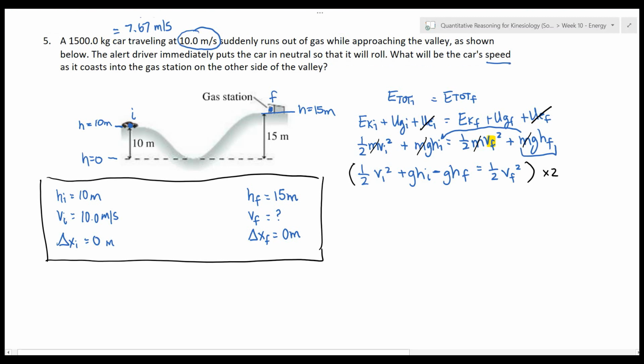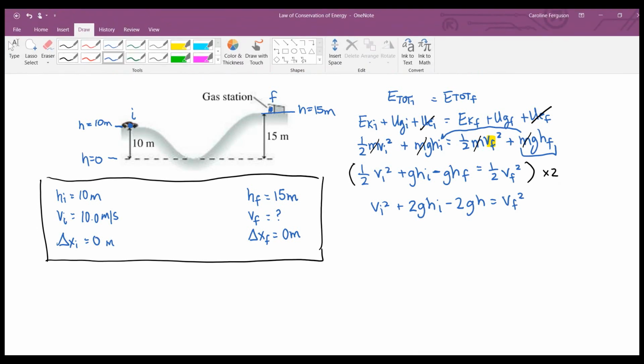So 1/2 times 2 is just 1 V initial squared, and then I'm going to multiply gh initial times 2, so I have 2 gh initial. gh final is being multiplied by 2, so I have 2 gh final equals, and the half is getting multiplied by 2, so I have V final squared. So it just makes the equation a little bit simpler. Now I just need to get rid of that squared, so I'm going to square root both sides.